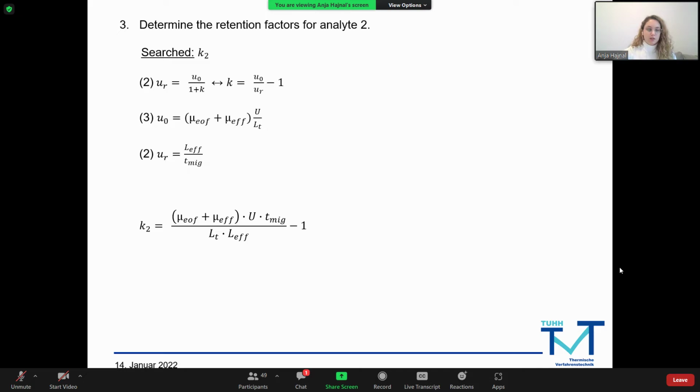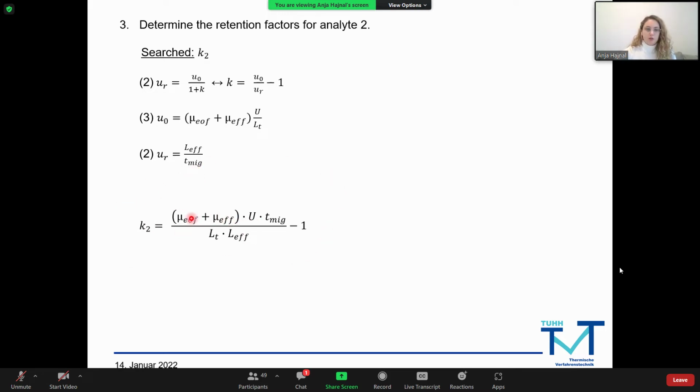So by rearranging these equations, actually by introducing equations 3 and 2 into this form of equation 2, in the equation for expressed retention factor, you should obtain this.